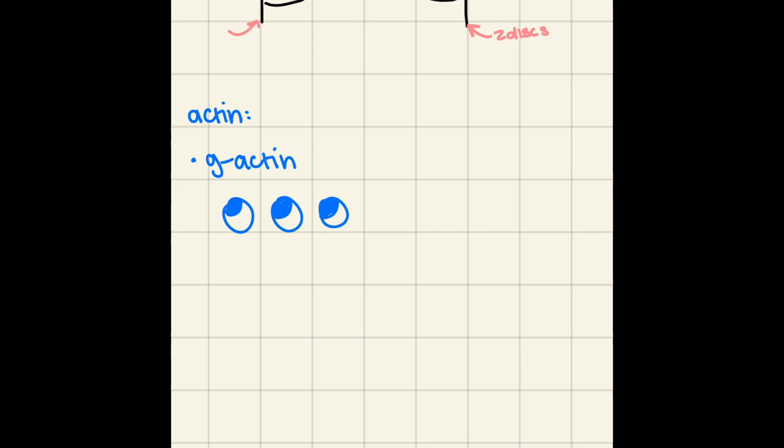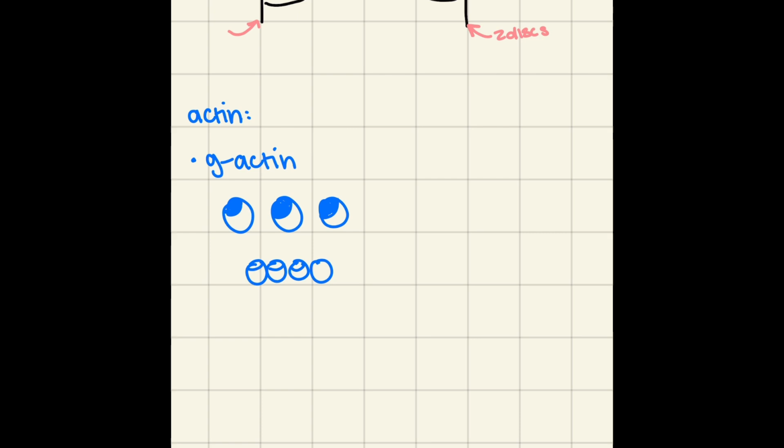G-actin actually strings together in a special way in an alpha helix. So my drawing is bad right now, but it strings together kind of like this with the ATP binding sites out.